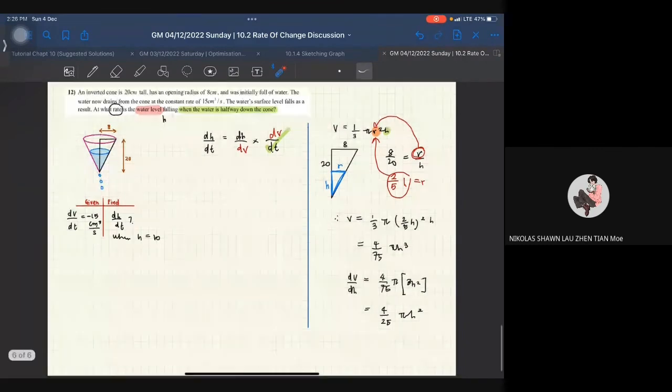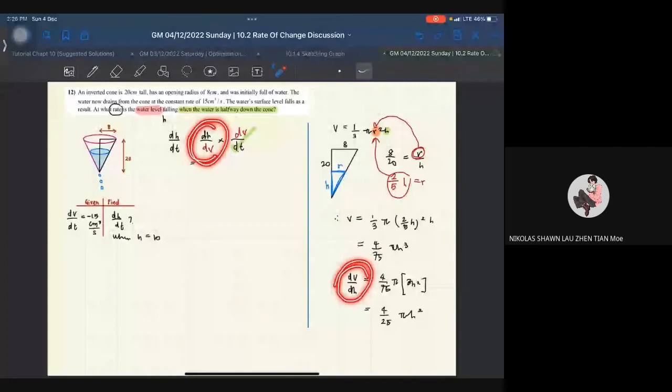Okay, so itu adalah kita punya dV/dH. Alright, settle dekat bahagian yang belah kanan. Okay, so let's continue on the next part. Okay, so saya dah boleh masukkan sekarang ni dH/dV. Alright, so saya buat equal to. Okay, so we want to find dH/dV, but we have dV over dH. So what we want to do to find this one adalah terbalikkan sahaja atas dengan bawah.